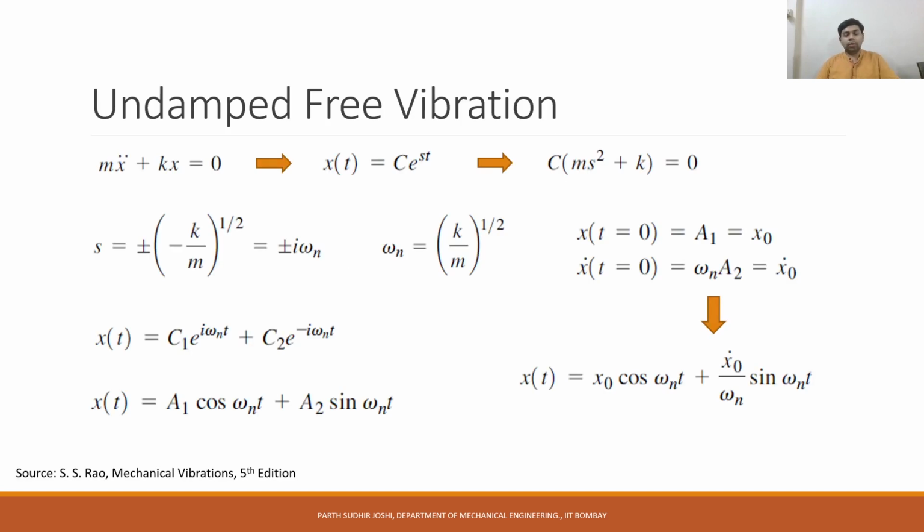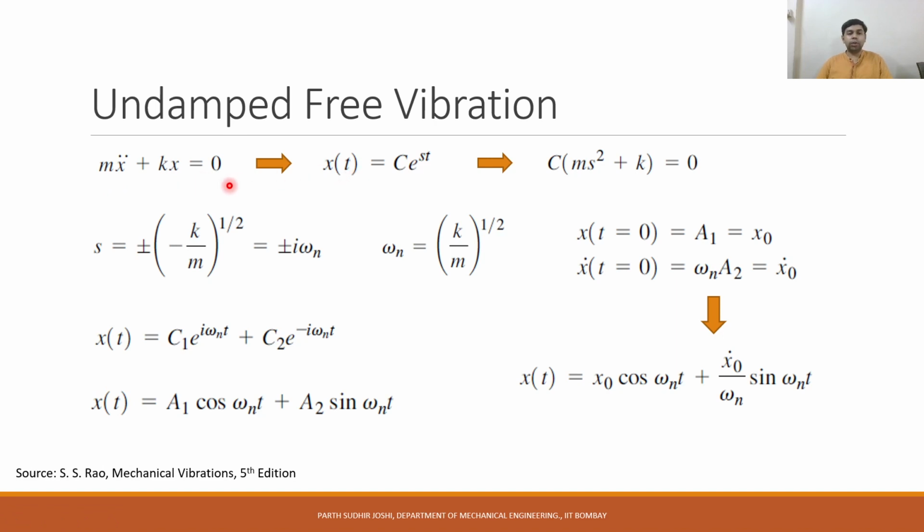So in undamped free vibration, we can derive the equation of motion using Newton's second law. And let us say we have a system, single spring mass system, where we get the final equation of motion in this form. So m x double dot plus k x equal to 0.